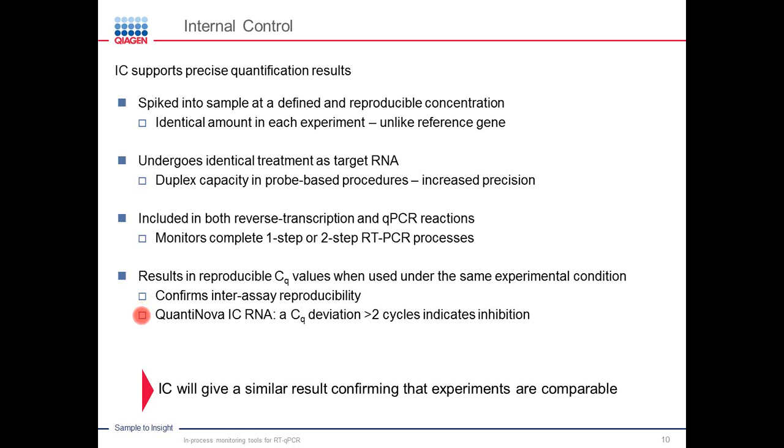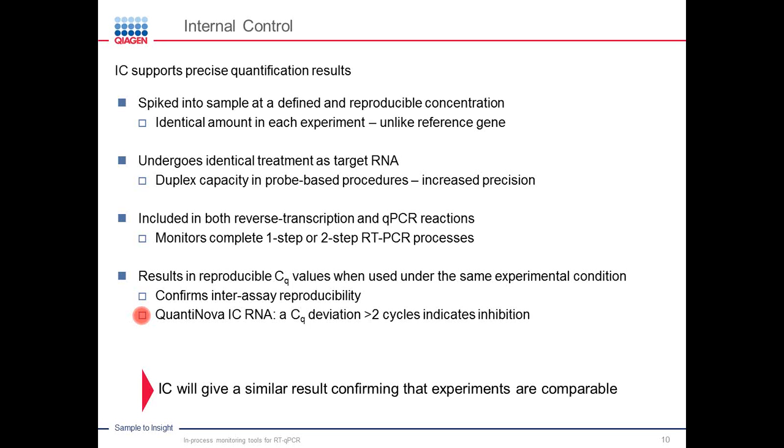QIAGEN has now included an internal control RNA, an artificial transcript, into our QuantiNova kits for quantitative RNA detection, and our recommendation is: if the internal control stays within 2 cycles, identical from run to run, then this run can probably be considered okay.